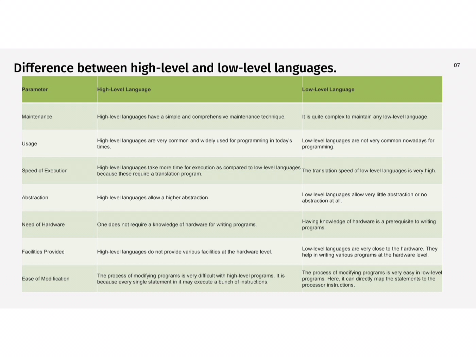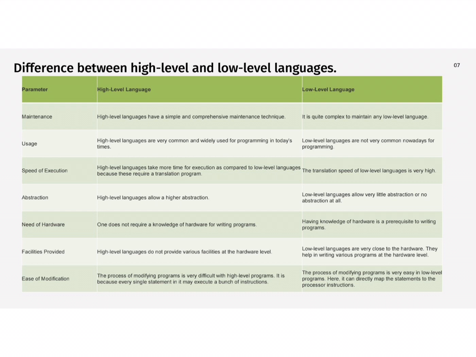Also, a programmer of a high-level language does not need to have a wide and deep knowledge of the hardware of the computer, whereas a low-level language programmer might actually need a prerequisite knowledge of the hardware in order to write a very feasible program.